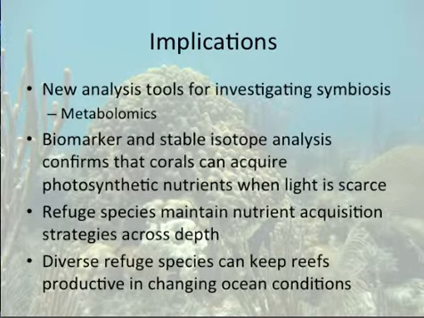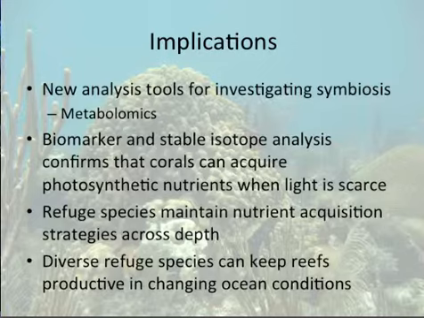So finally, this brings us to the implications for this research. I presented some new analysis tools for investigating symbiosis. Metabolomics is a powerful tool that can be used to better understand translocation between coral symbiont and coral host.